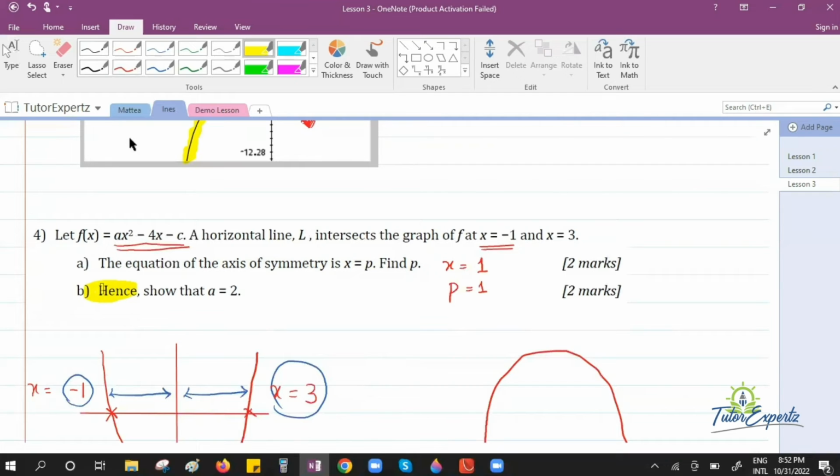How can we do it then? The answer that we have got is for the axis of symmetry. How can we use that?